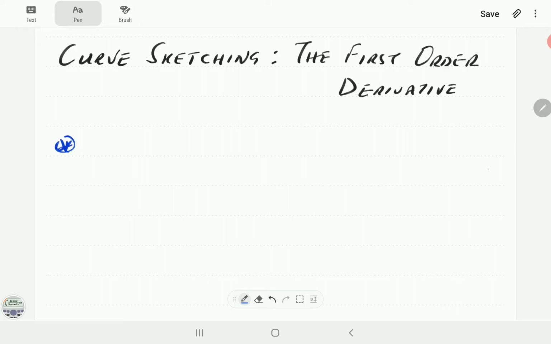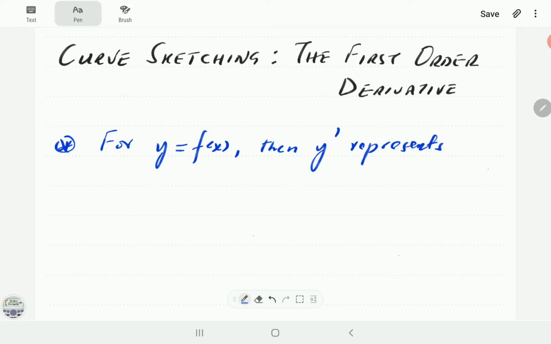So the first thing we're going to note is that if we have an equation y equal to f of x, then the derivative y prime actually represents the gradient or the slope of the graph of f of x.